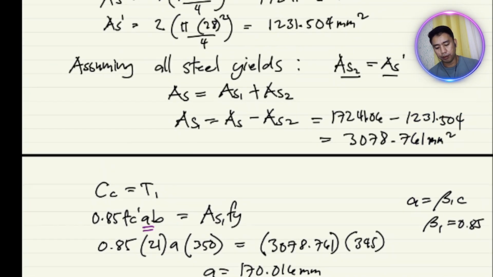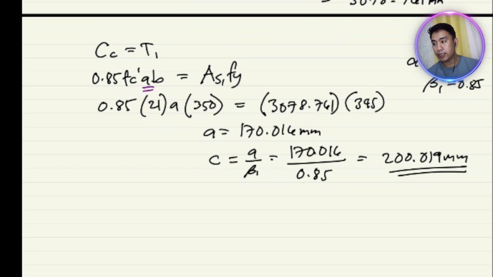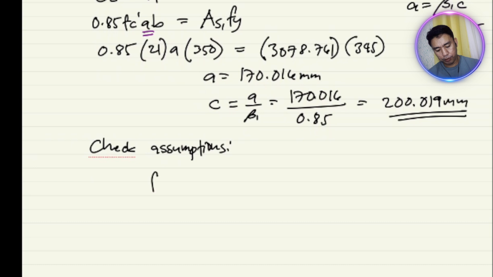Okay. Now, from here, we need to check our assumption. Kasi nag-assume tayo. Okay? So whatever your assumption, you always have to check. All right. So check assumption. Let's check assumption. So we assume na yung Fs is equal to Fy. Nag-yield siya.